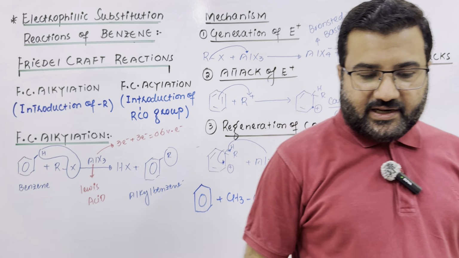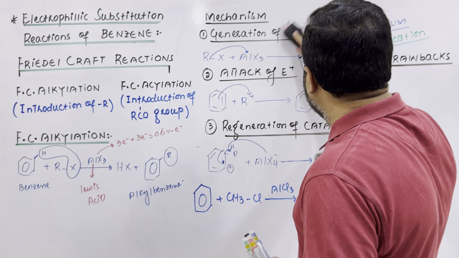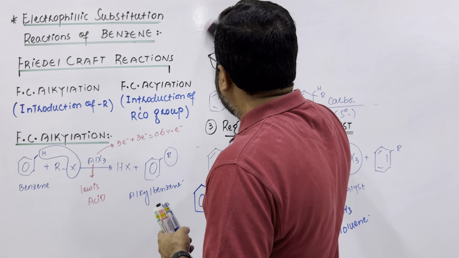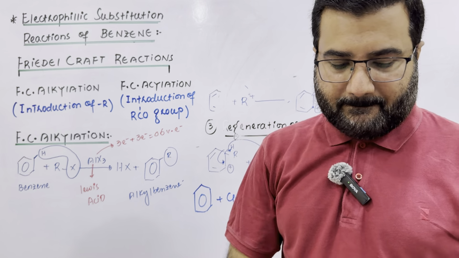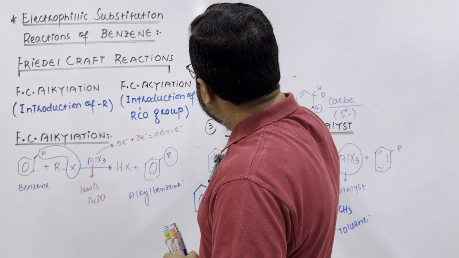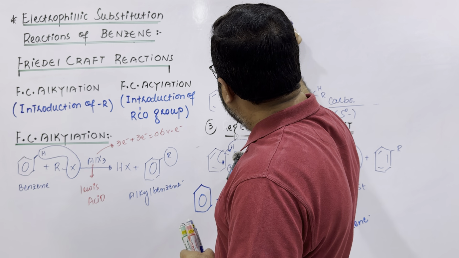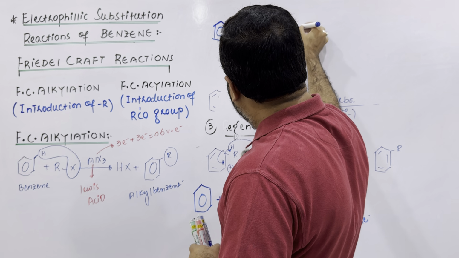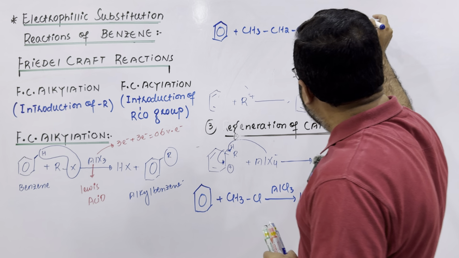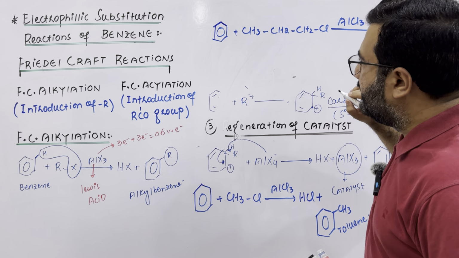As the alkyl groups keep on adding into the benzene, you will get the dialkyl benzene or trialkyl benzene. And my dear students, there is another drawback of this Friedel-Crafts alkylation, and that is very important. Suppose you are going to add N-propyl chloride to benzene in the presence of AlCl3.